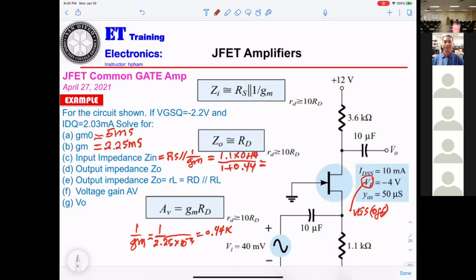I think your value of GM0 and GM is incorrect. Okay, so GM0. So if you take the, oh, hold on, that's correct, sorry. I was looking at a different number.